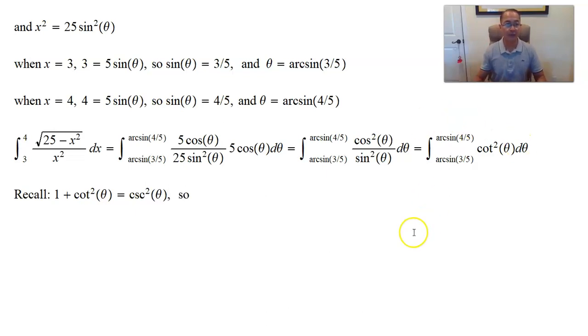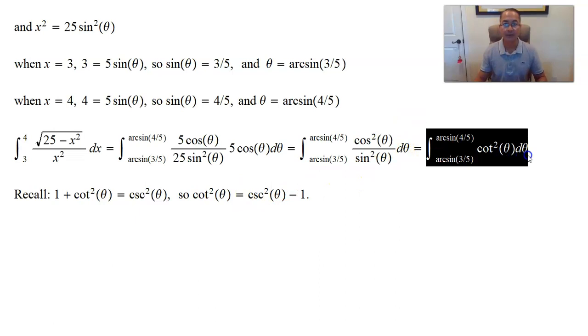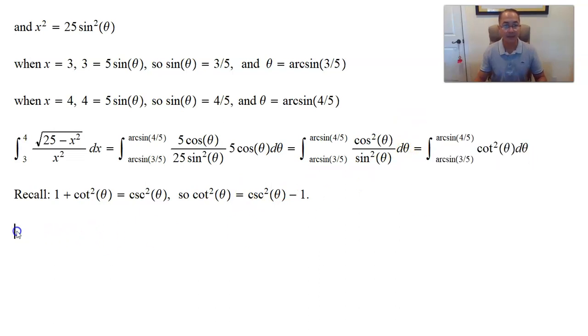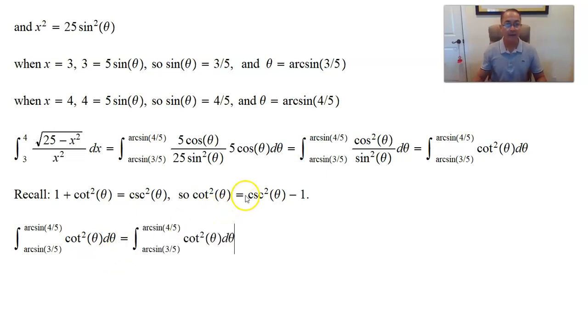So cotangent squared theta is cosecant squared minus 1. Okay, so we're up here, and this will be the integral of cosecant squared minus 1.